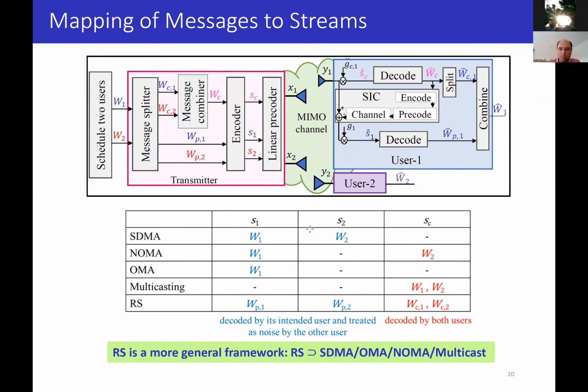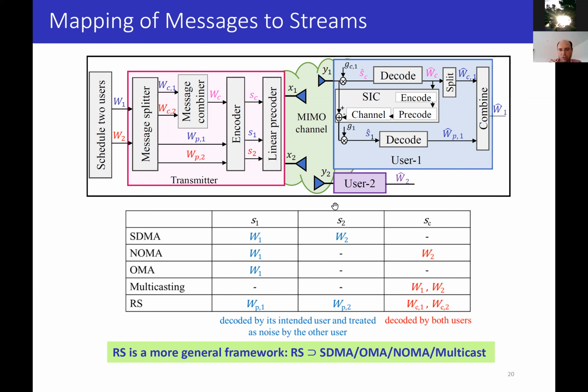And so what is important is the way SC, S1, and S2 are treated. SC is such that anything that falls into SC is decoded by both users. Anything that falls into S1 and S2 will be treated as noise by the other user. So if you transmit anything on S1, it will create interference to user 2, and this will be treated as noise at user 2.